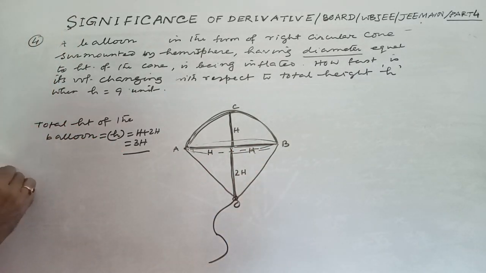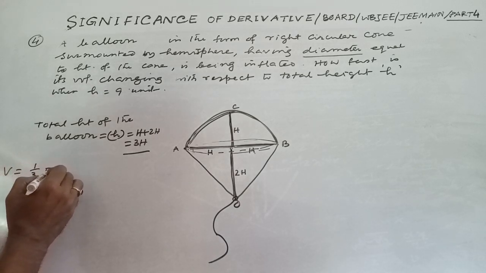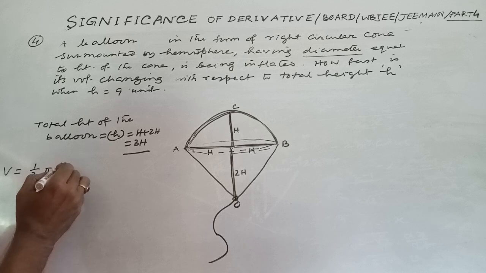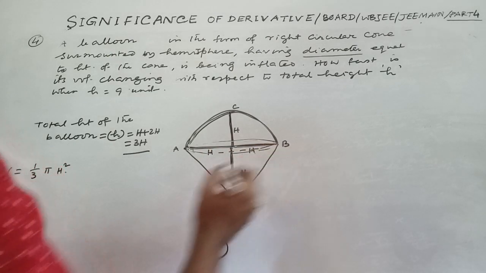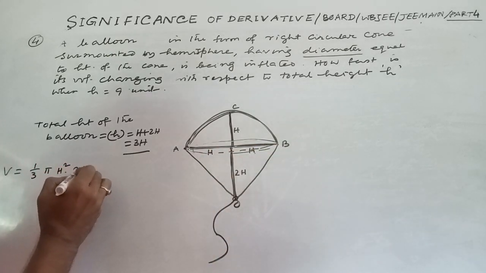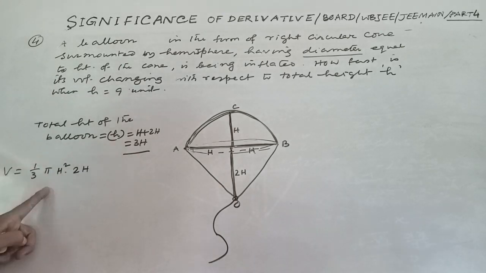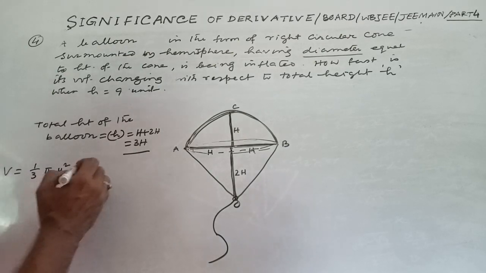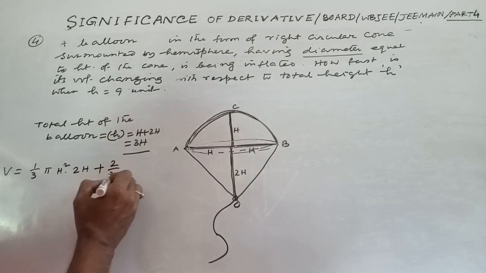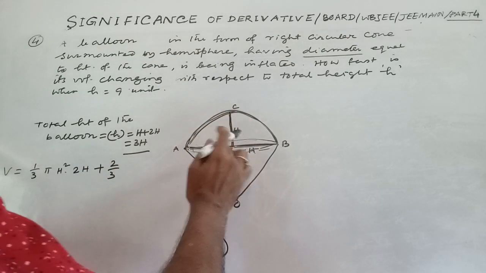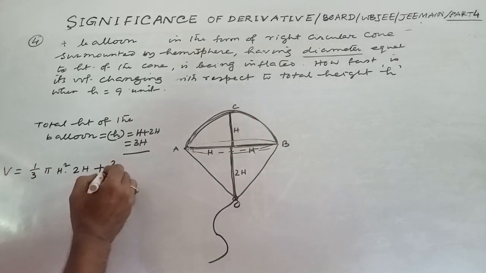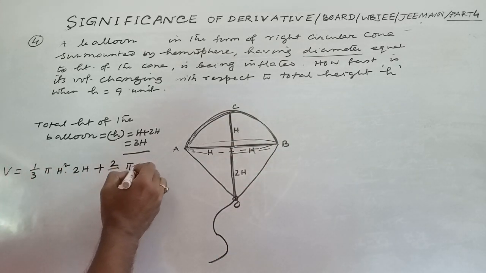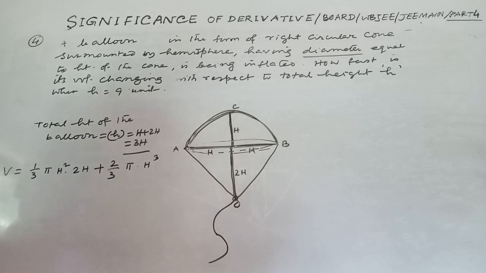So V equals 1/3 pi R square h, where R is H and height is 2H, so 1/3 pi H square times 2H. Then 2/3 pi H cube for the hemisphere, since a total sphere is 4/3 and this is half of that.